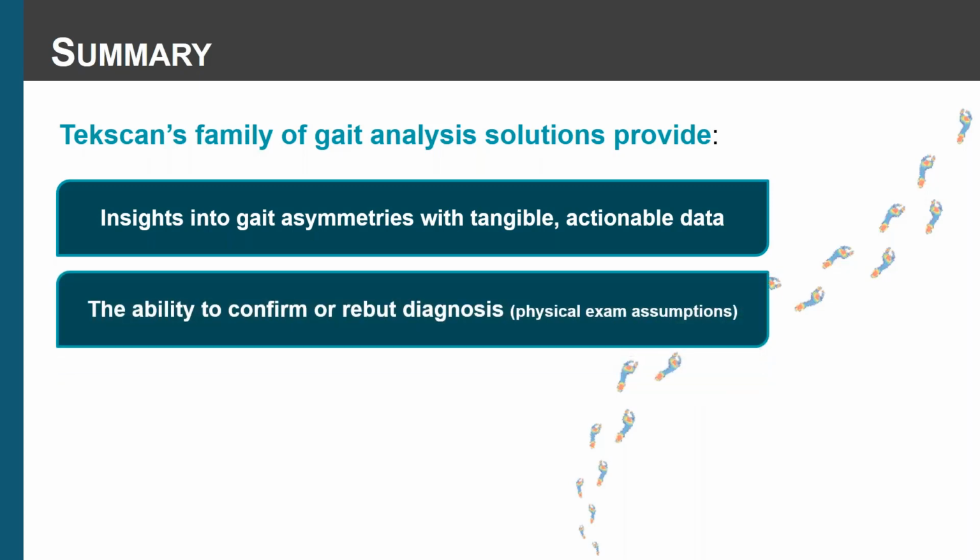Typically, clinicians will do a physical exam and already have an idea of what pathologies this patient may have. But these systems provide that extra information, almost like an X-ray to confirm that there is an actual break, a broken bone.